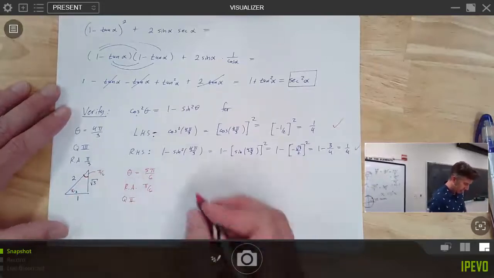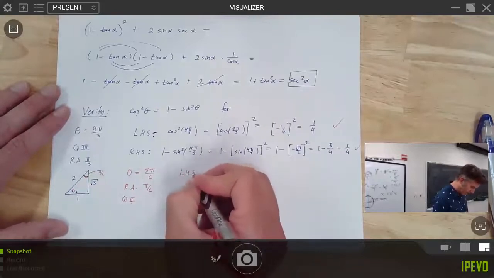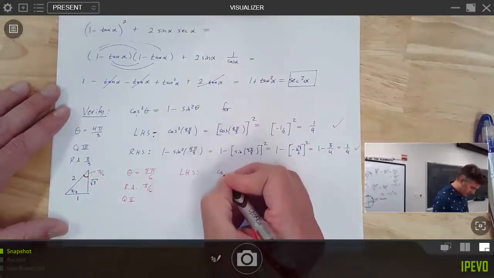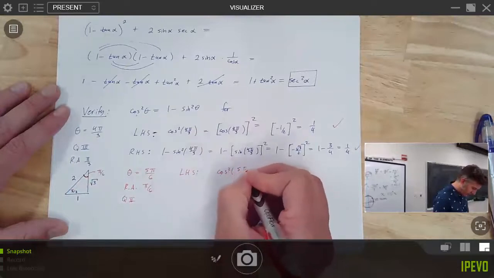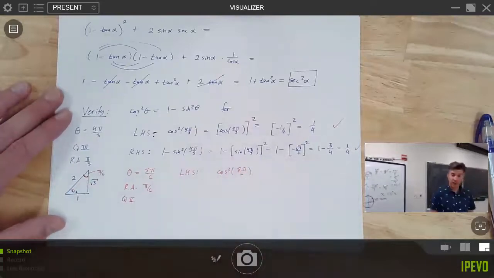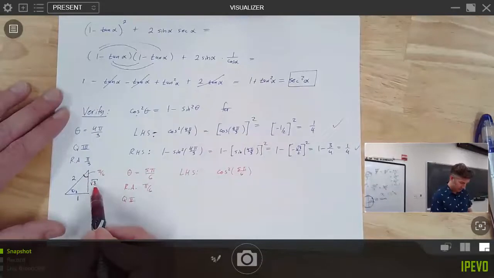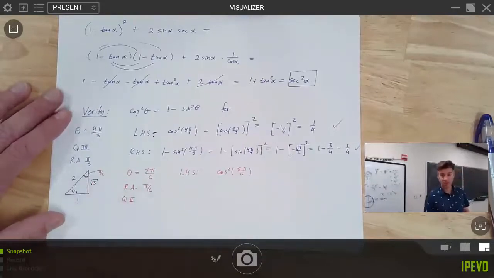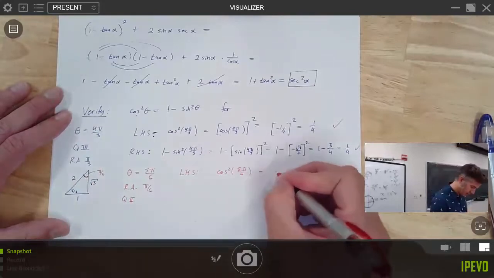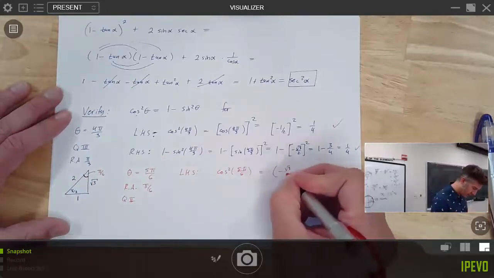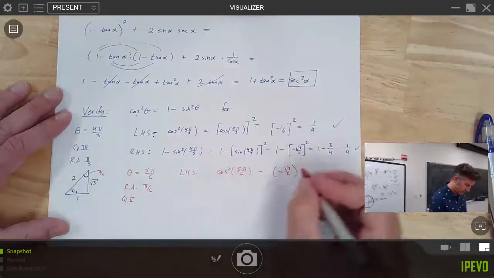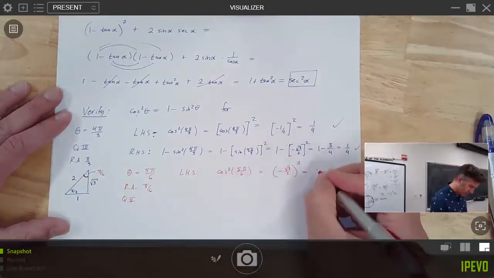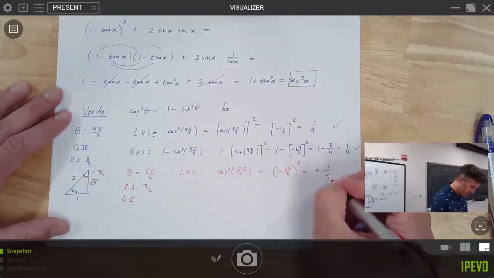The left-hand side is cosine squared of 5 pi over 6. Cosine of pi over 6 is adjacent over hypotenuse, root 3 over 2. Cosine of 5 pi over 6 is in quadrant 2, so it's negative root 3 over 2, but then it gets squared, so it turns out to be positive 3 over 4.